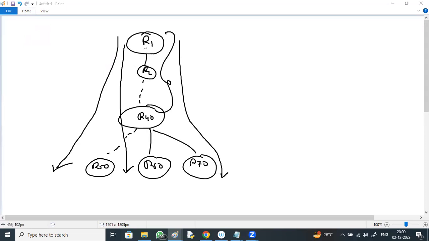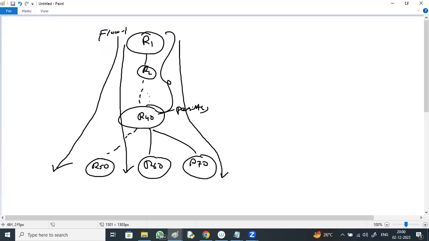In all three flows, flow 1, flow 2, and flow 3, the first 40 steps are common, right? First, flow 1 has to be executed.